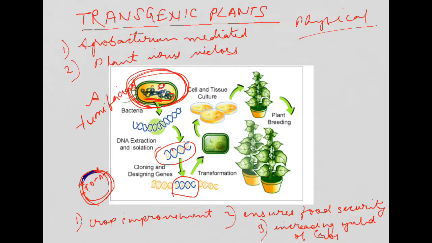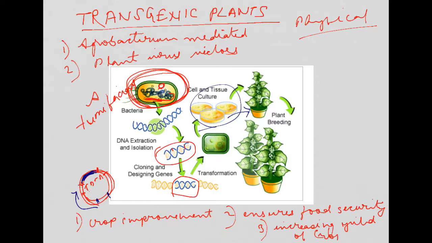Now, with the help of different enzymes or genes present in this plasmid, our DNA is transferred inside the plant cell. With the help of tissue culture technique, we can grow plants that contain the particular gene we inserted in order to make some improvement in the crop.